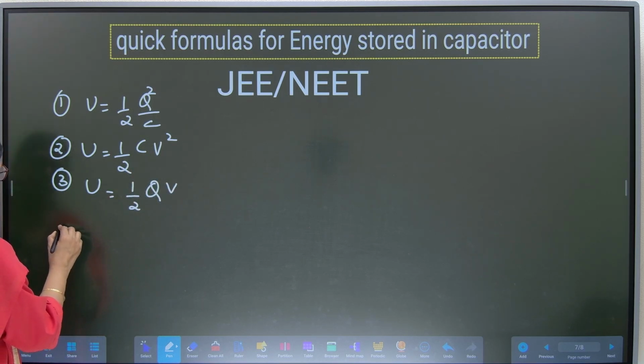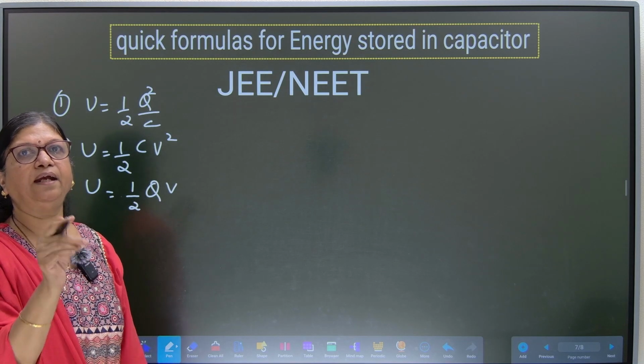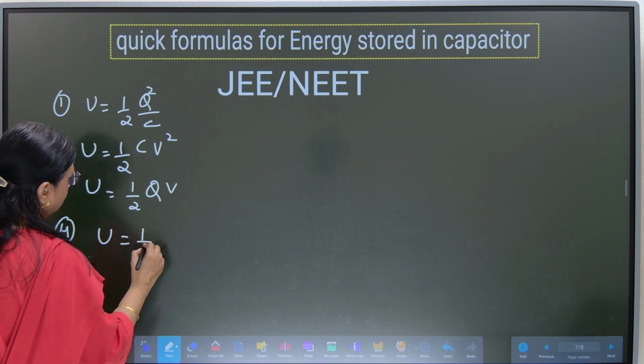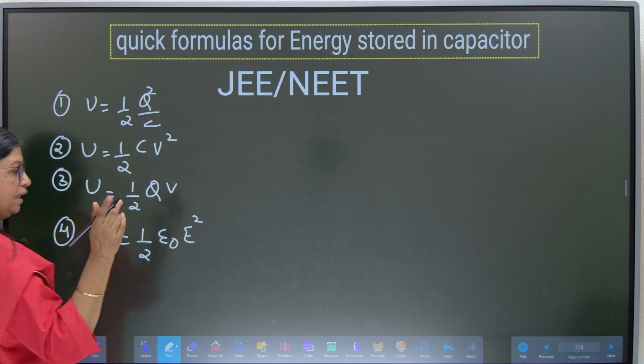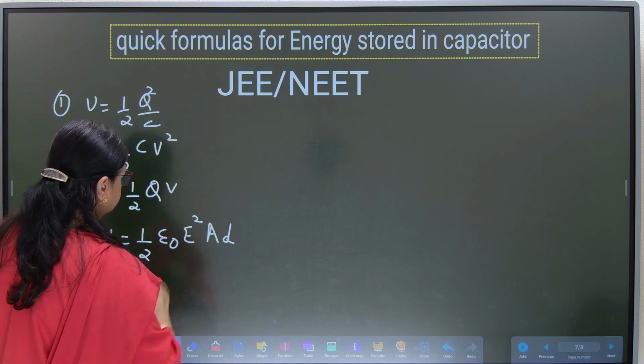Fine. Okay. Then let us go to the energy stored for a parallel plate capacitor with the dimensions A as the area and D as the distance between them. So that becomes U is equal to half epsilon naught E square, where E is the electric field between the plates, A the area of the plate, D is the distance between them.